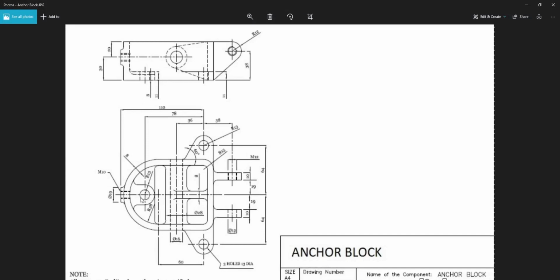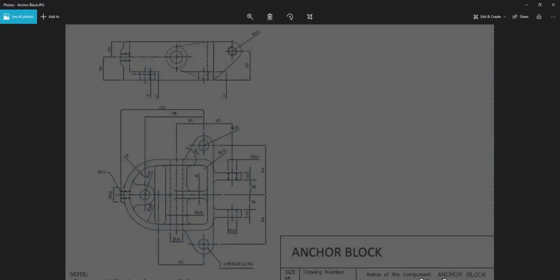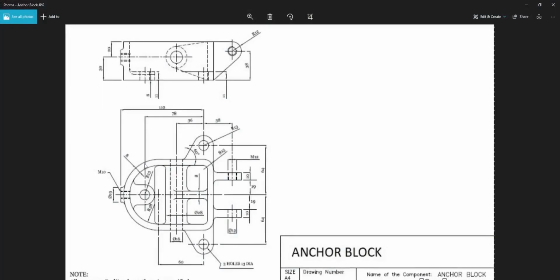Okay, we also have to take into consideration this hole, which is the common hole for both the plates. So considering the hole diameter to be 13, we are assuming this dimension because it is not mentioned here. So assuming this, we see that the center distance is 78 plus 13 from this line.